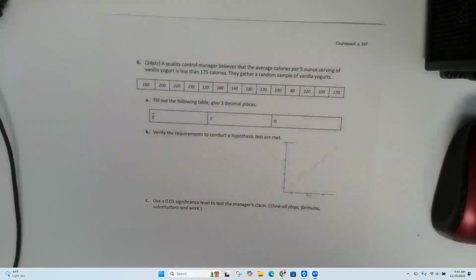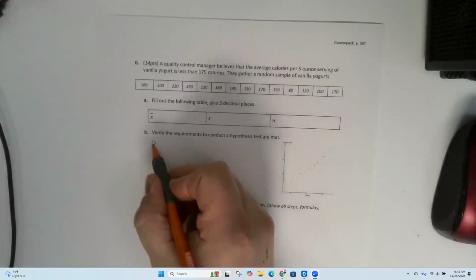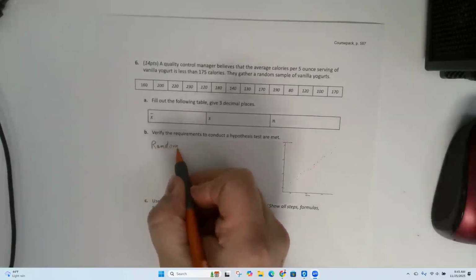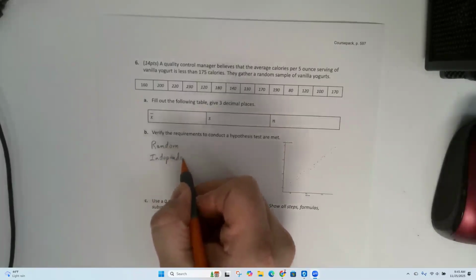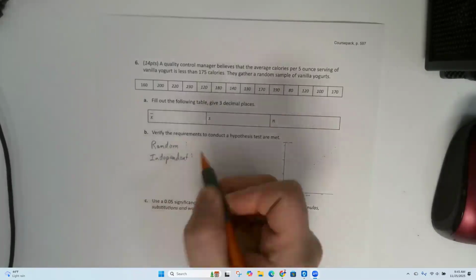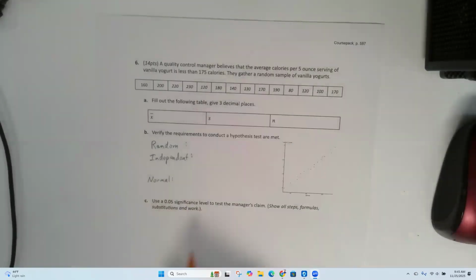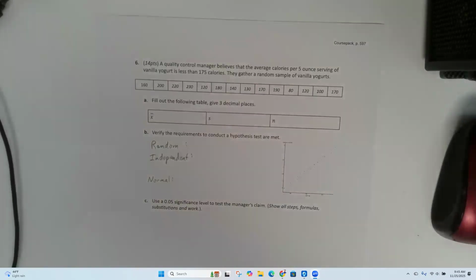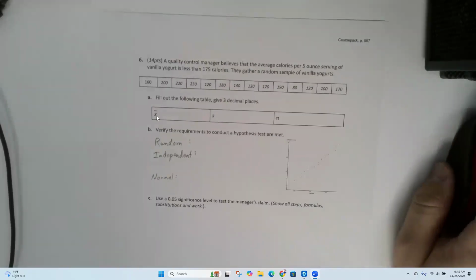After we do that, verify the requirements to conduct a hypothesis test are met. So we want to make sure this is random, independent, and normal. And then use a 5% significance level to test the manager's claim. Okay, so the issue we have here is I need to find the mean and the standard deviation. They didn't give it to us.